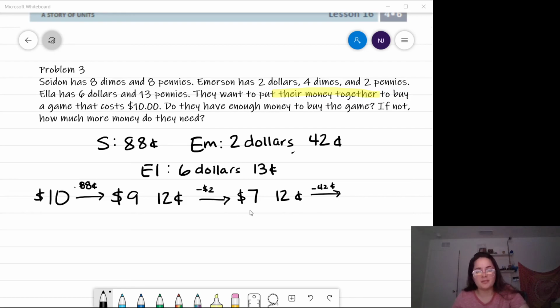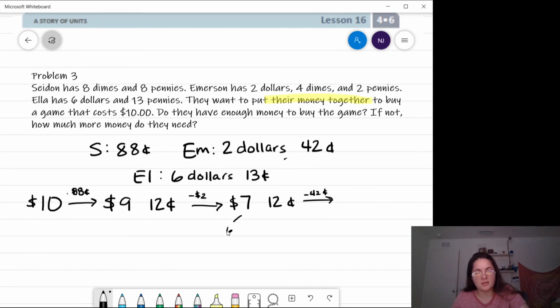in which we would have to break this apart into $6 and 100 cents, which turns this into $6 and 112 cents minus 42 cents, which would give us $6 and 70 cents. And then from there we would subtract Ella's $6.